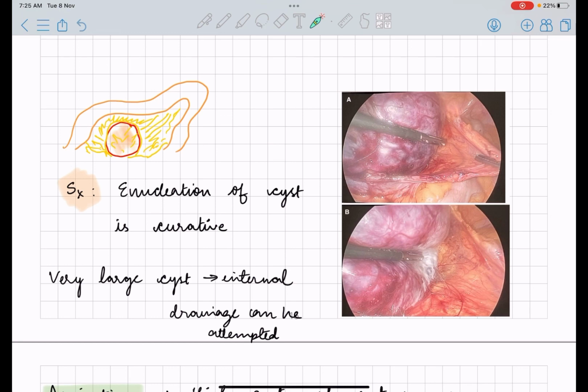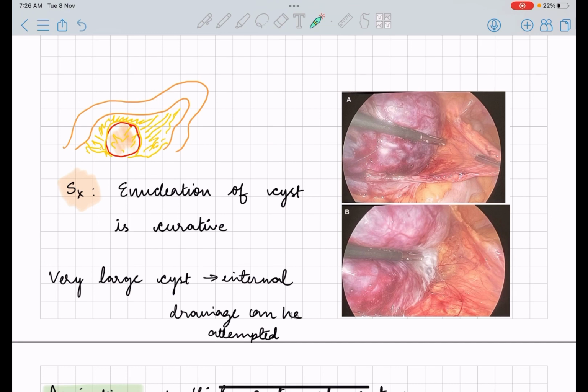That is, the cyst is pulled to one side with traction, and the surrounding tissue which is attached or adhered to the cyst is pulled to the other side. In that way, the cyst is separated from the surrounding tissue, and this process is called enucleation.